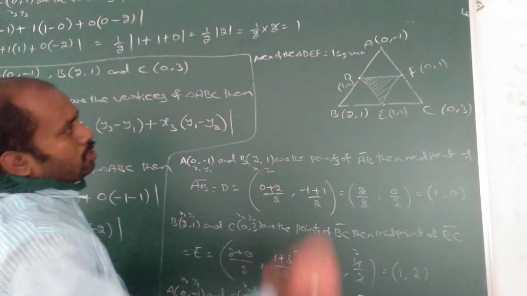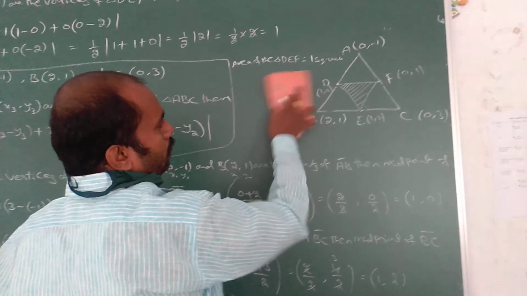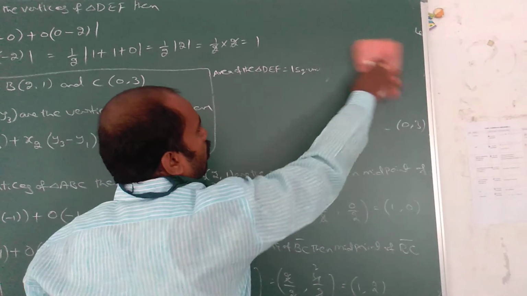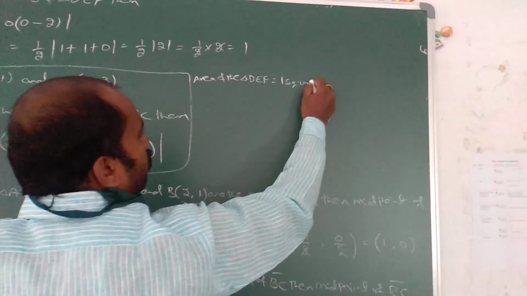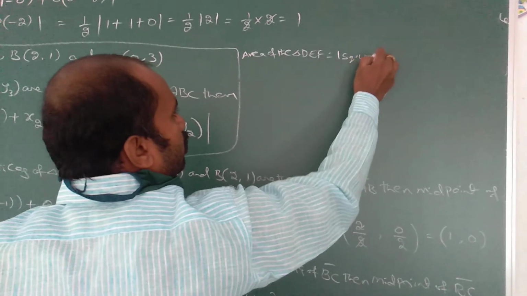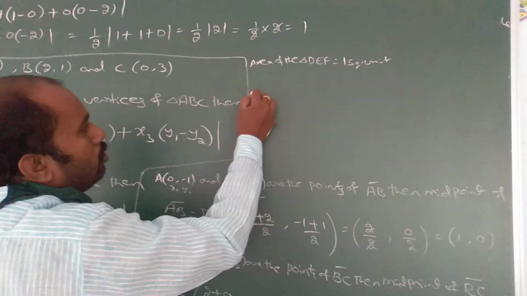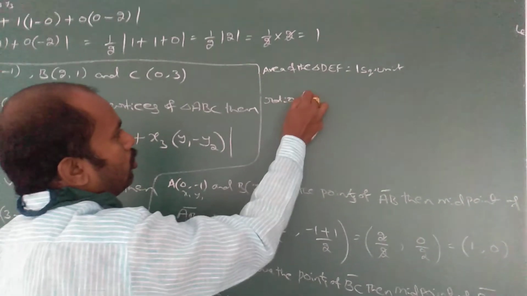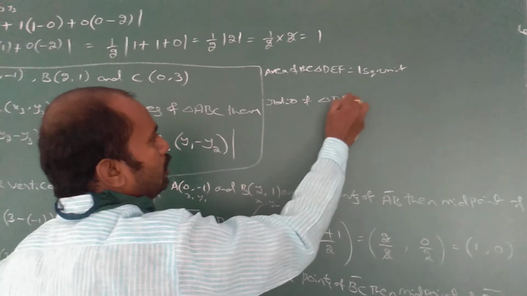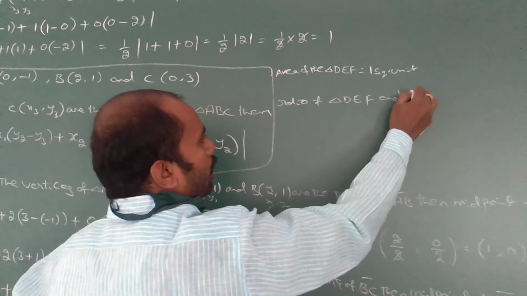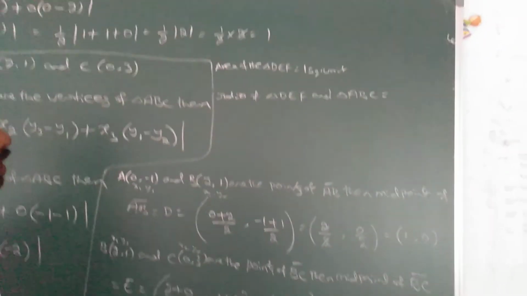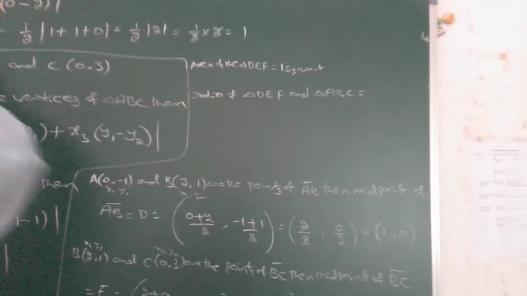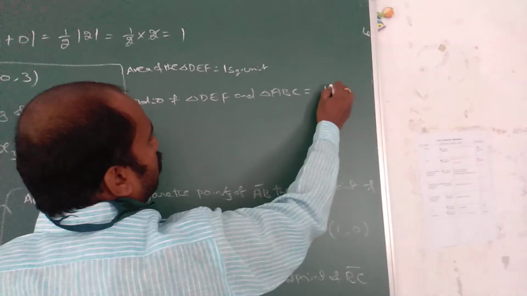Okay. You remove that diagram. Now you find the ratio of triangle DEF and triangle ABC. The area of triangle DEF, what do you get? Already here, 1.